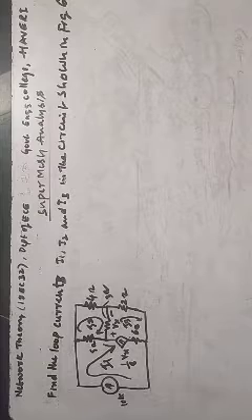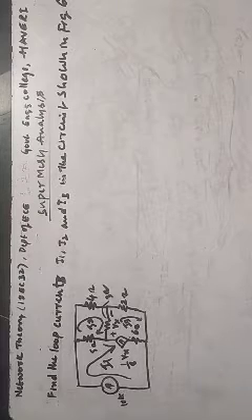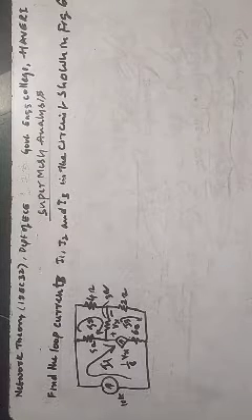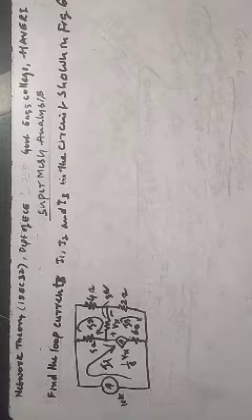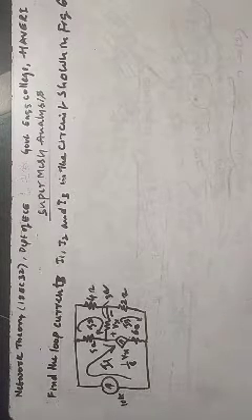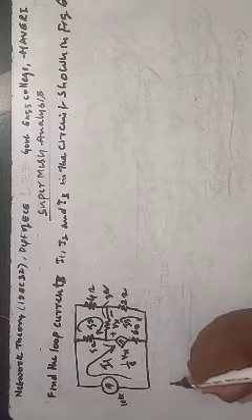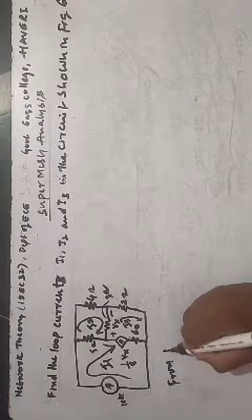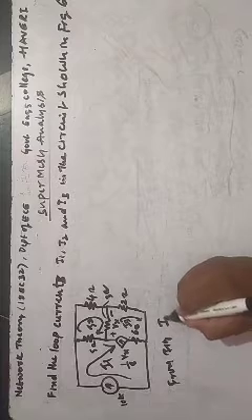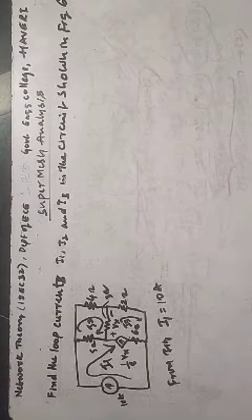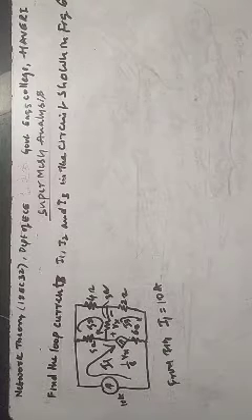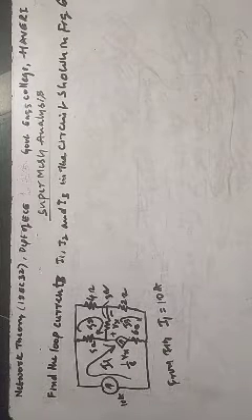Whenever the independent current source is in the perimeter, by considering that current source, we can eliminate that loop or we can eliminate that mesh. From the figure, the mesh current I1 is equal to 10 ampere.